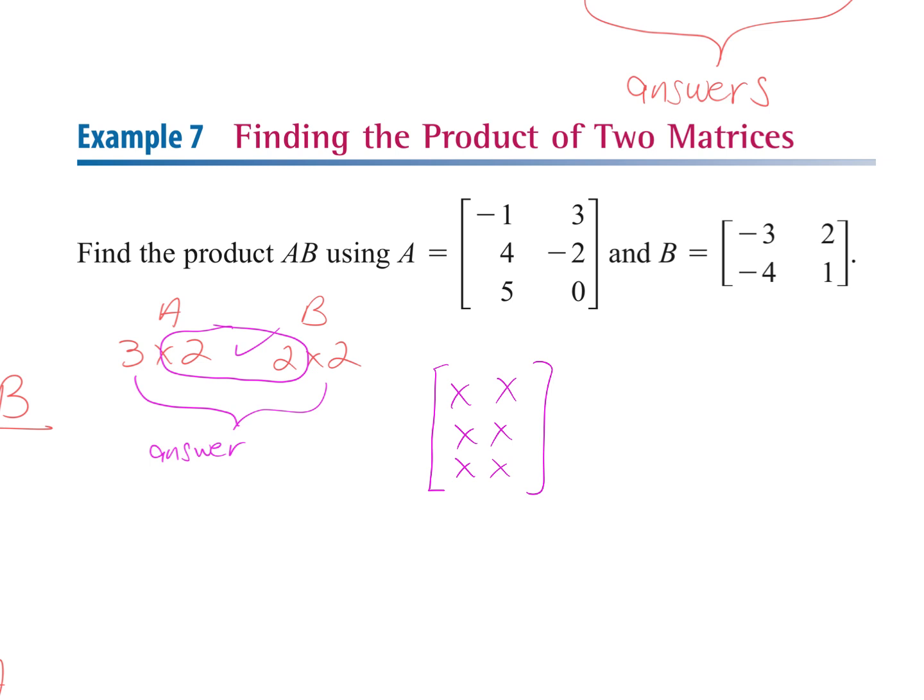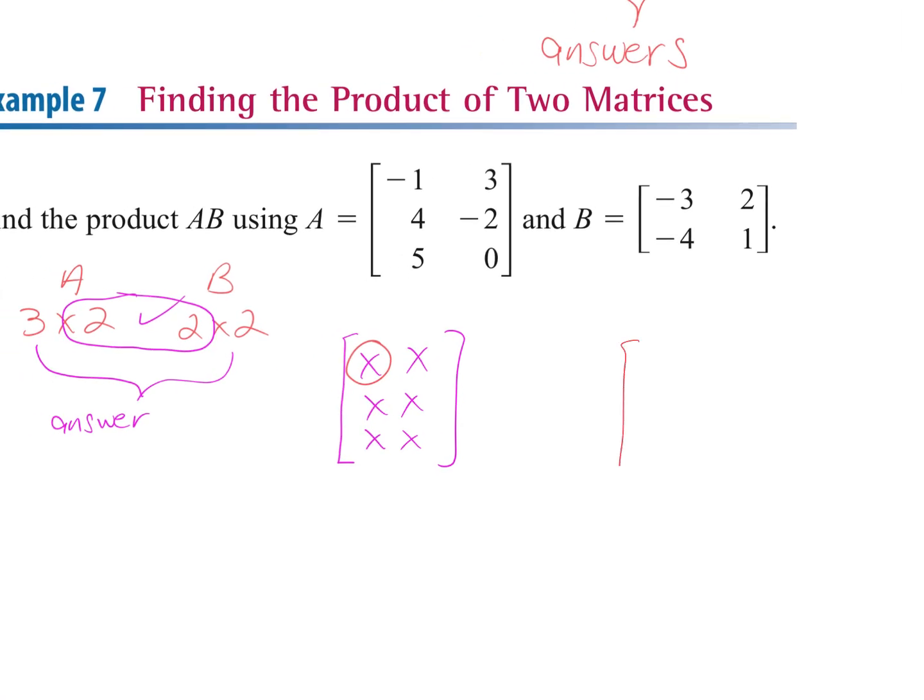So the way that you do this, guys, I'm going to find this entry first. What entry is that? What row and what column? It's first row and first column. So you're going to take the first row and the first column.